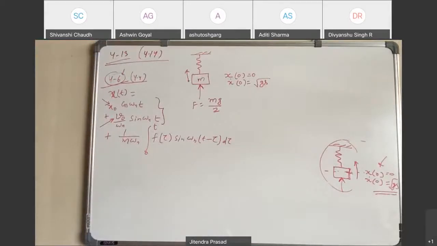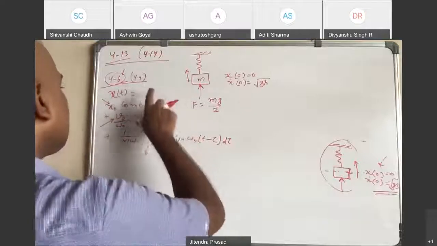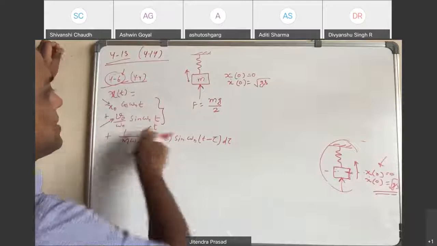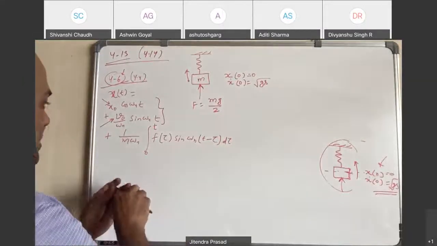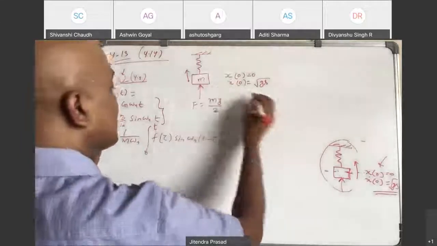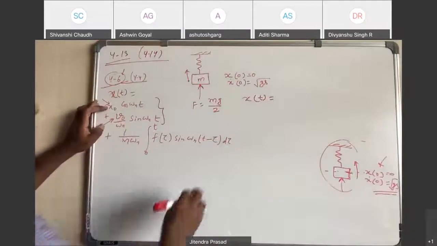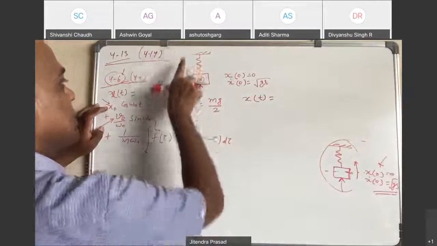The idea is to apply the initial conditions basically, right? So, okay, now for this one, x(t) will be given as, now our displacement x is positive this way.